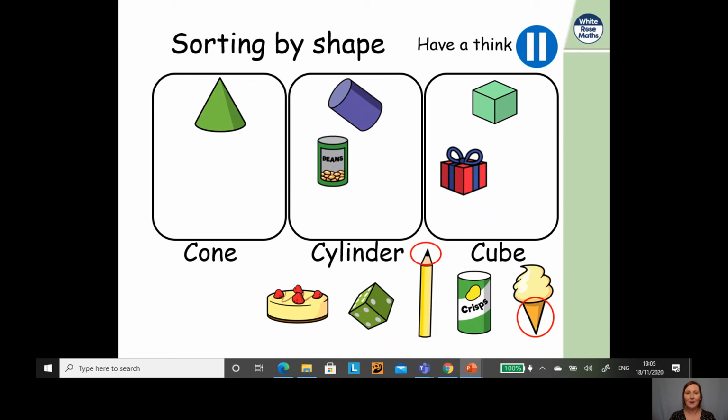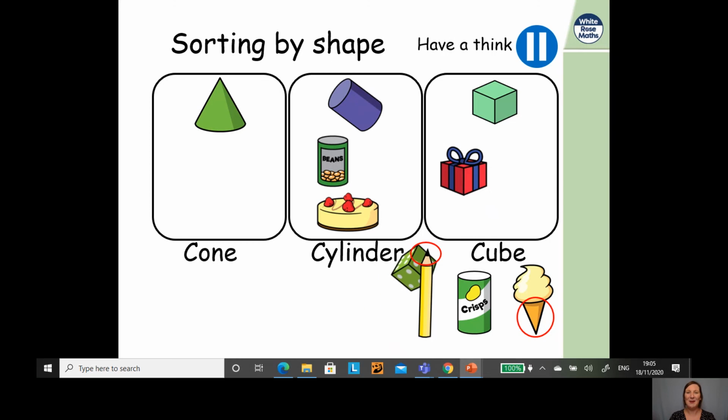Oh, we've got a delicious cheesecake. That's Mrs. Hunt's favourite. Would that be a cone, cylinder or cube? It is a cylinder. Well done, you got that. Next we have a dice. Would I put that in the cone or the cube section? I'd put it in the cube.